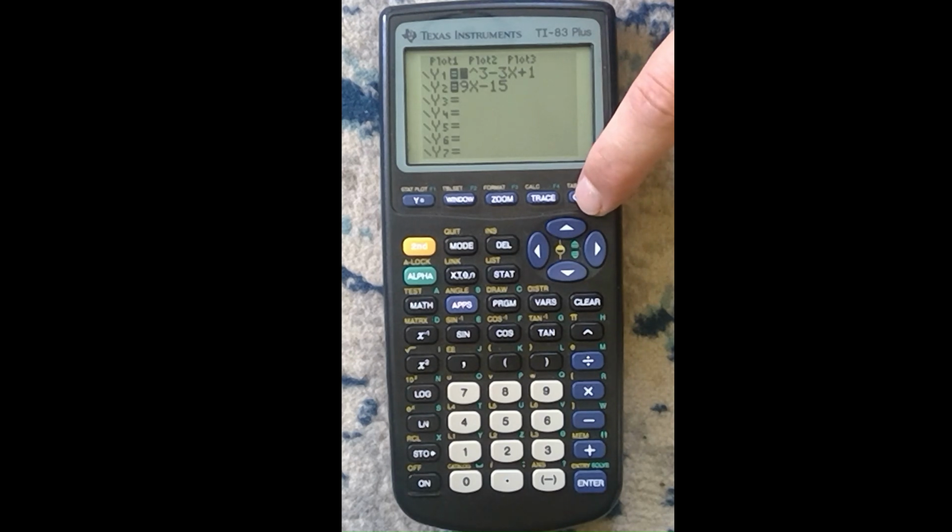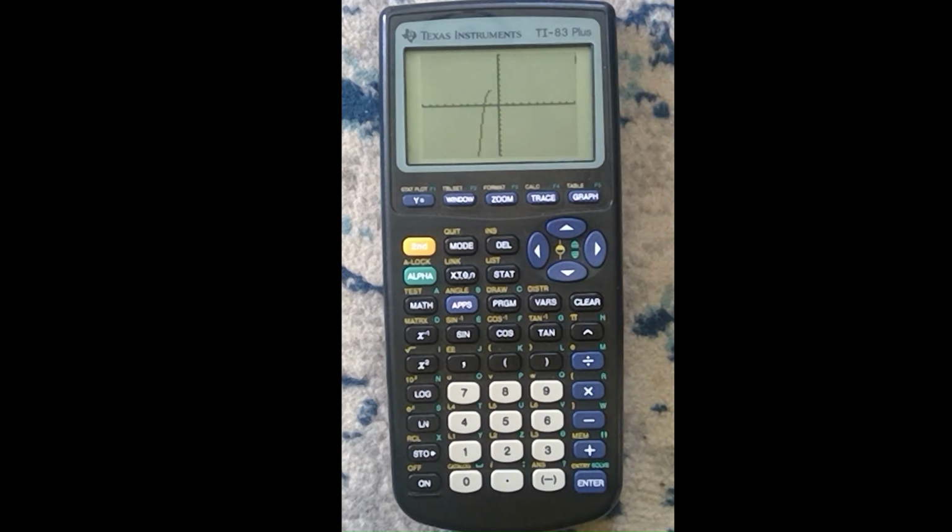So I'm going to hit graph. Let's see what we get. Okay, so that first curve was the cubic function. That second line was our tangent line that we just found. It looks like it's intersecting at the desired point.